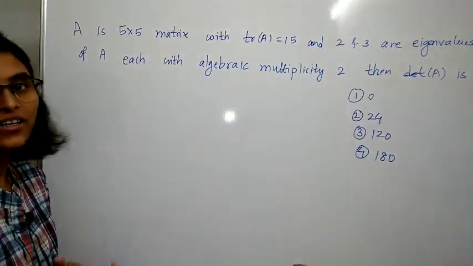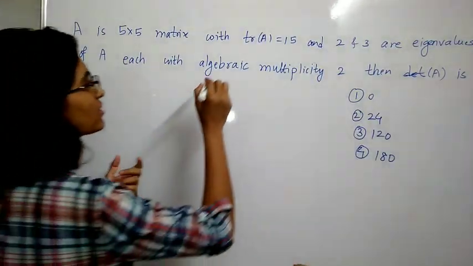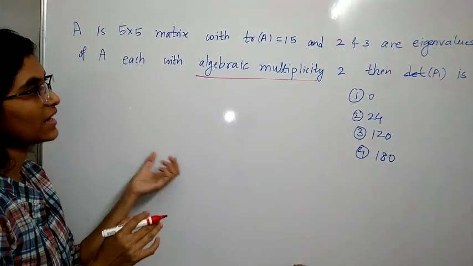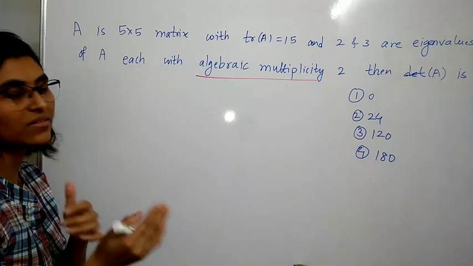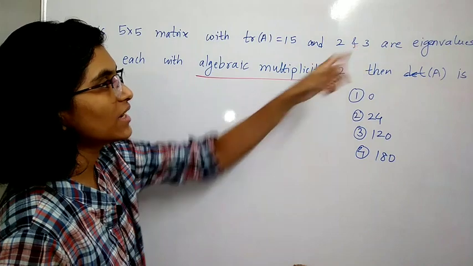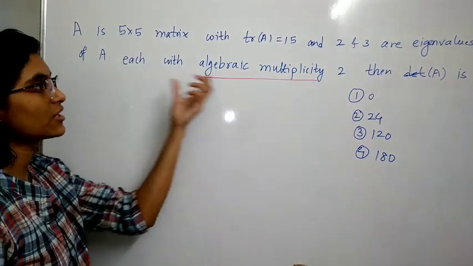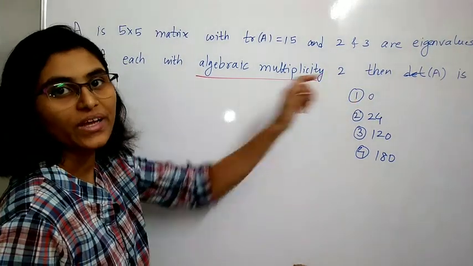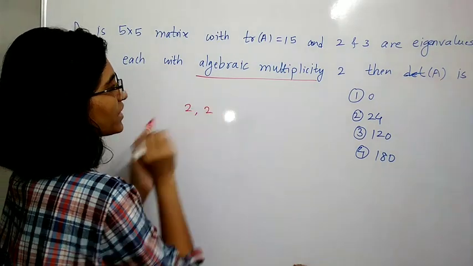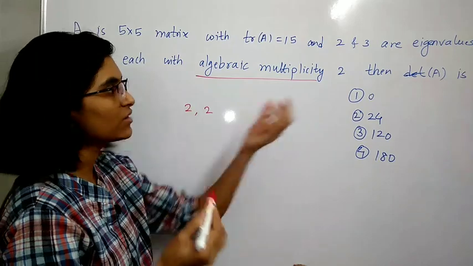Here just note that algebraic multiplicity means how many times lambda is repeated, where lambda is an eigenvalue of the matrix A. Now here 2 and 3 are eigenvalues with algebraic multiplicity 2. That means 2 is repeated twice and 3 is also repeated twice.